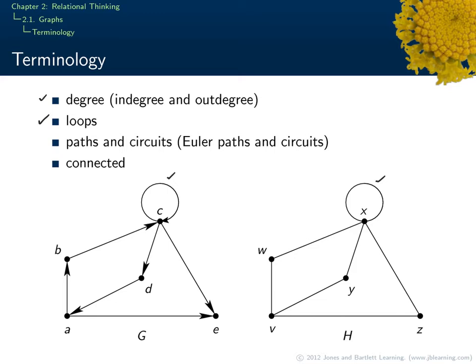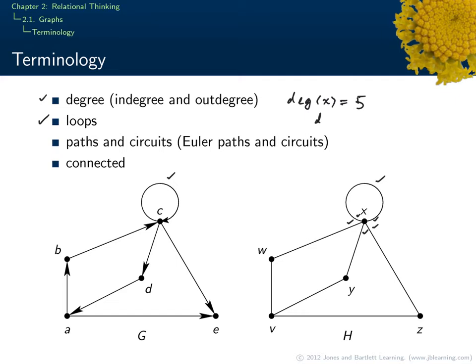Now the degree of a vertex is a measure of how many times it's touched by edges. So for instance, to find the degree of X, I want to count the number of edge touches. I see one here, one here, here, here, and here. So there are 5 edge touches on X, and so the degree of X is 5.